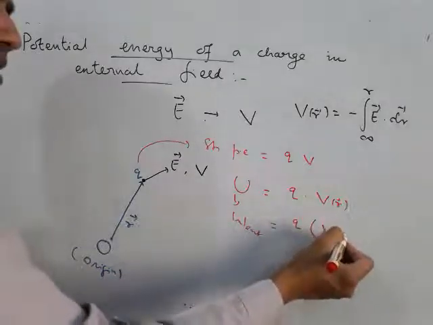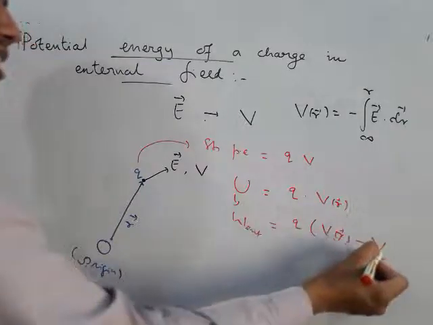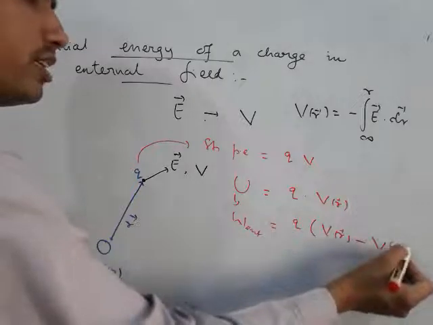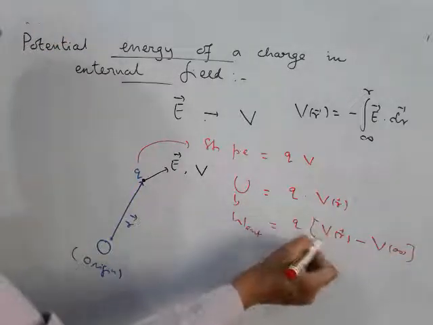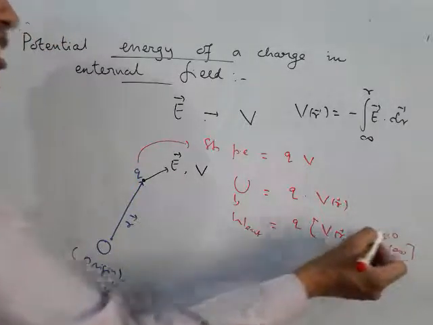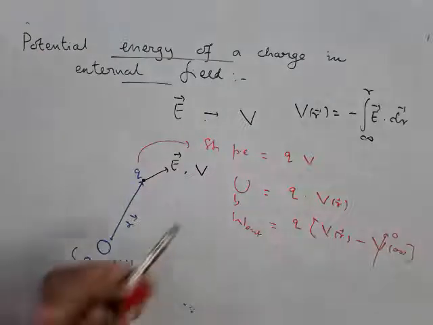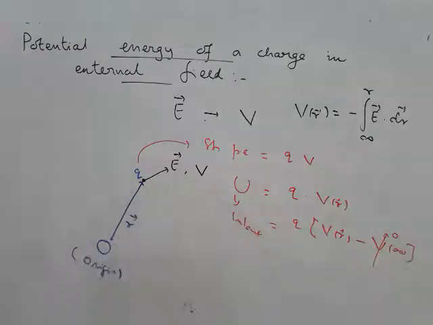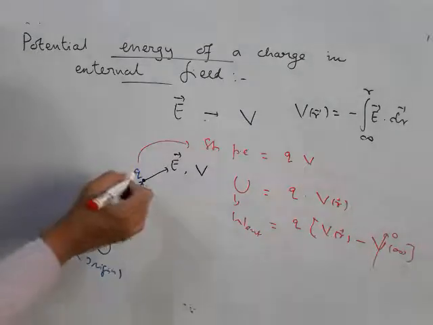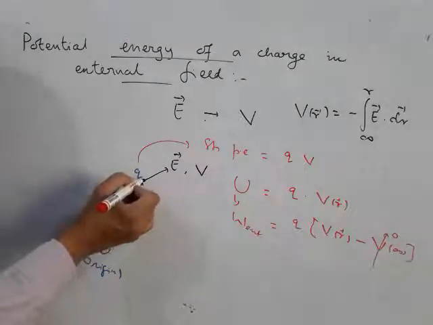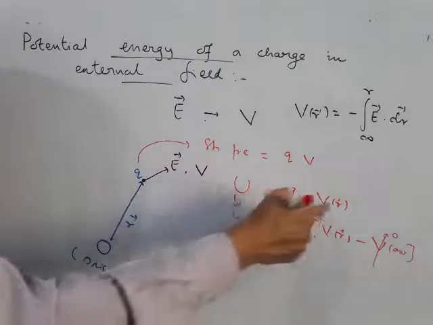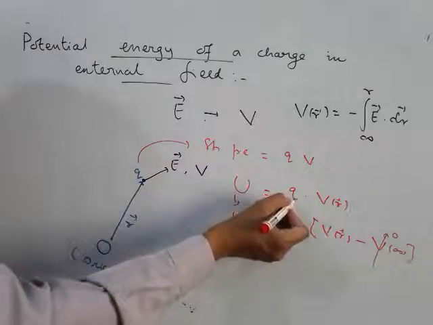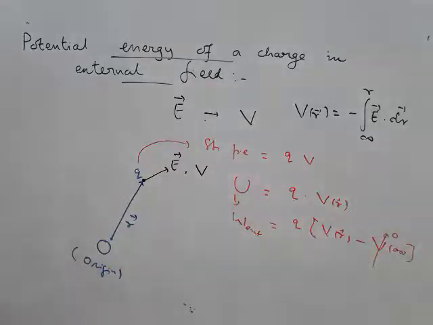So potential difference is final potential minus initial potential. We assume that initially this was at infinity, so this will be V infinity. And I have discussed earlier that potential at infinity is taken as 0. Therefore, the potential energy becomes how much? Q times potential at that particular point. So always remember, if you are placing a charge Q at some location where already there is some potential V, then its potential energy becomes how much? Charge multiplied by that potential value.